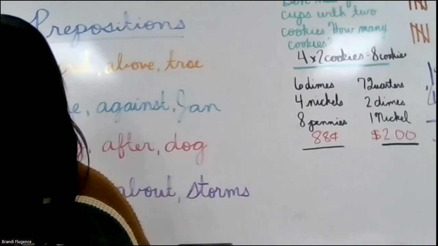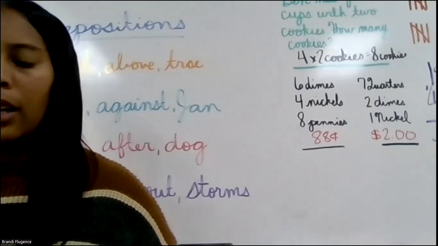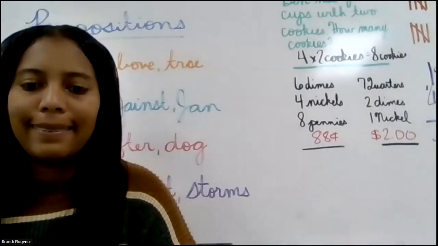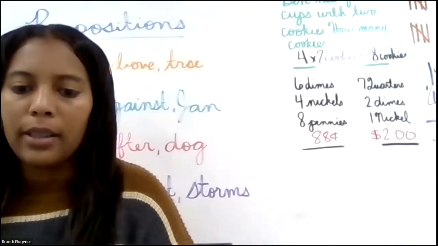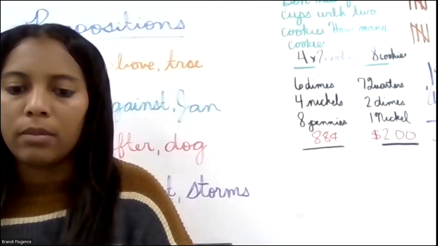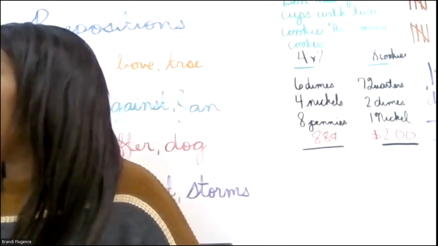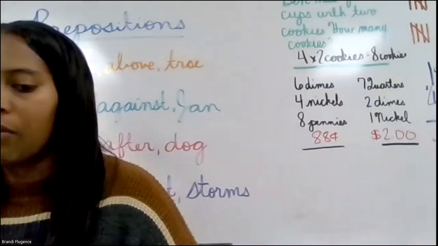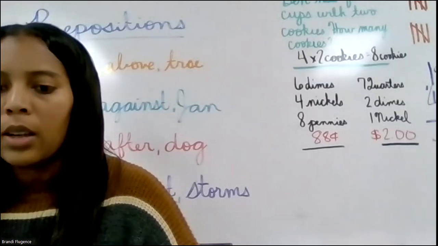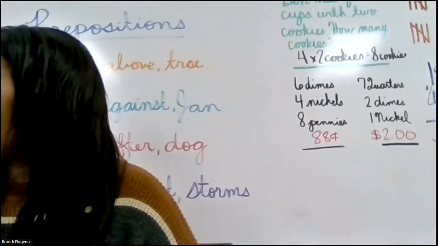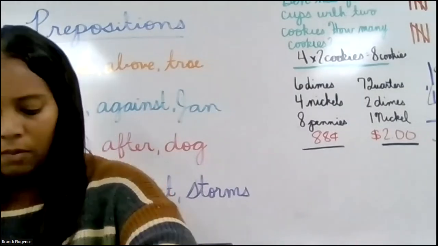Number 12, crawl, C-R-A-W-L. Number 13, laundry, L-A-U-N-D-R-Y. Number 14, fought, F-O-U-G-H-T. Number 15, street, S-T. Number 16, avenue. Number 17, USA, United States of America.